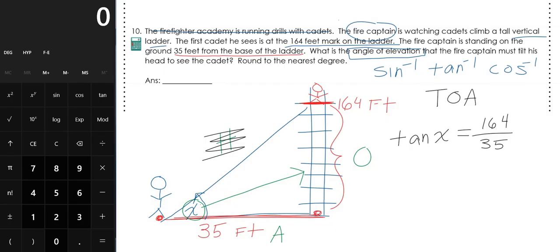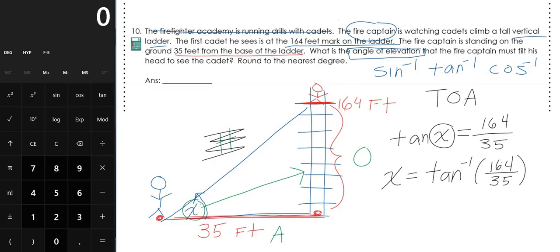Now, this is going to end up being calculator work. What you do is you take your x value and you say, to get it, I'm going to have to do tan to the -1 power of 164 over 35. Now this 164 over 35 gives you a decimal, and your calculator knows what degree is associated with that decimal and tan.